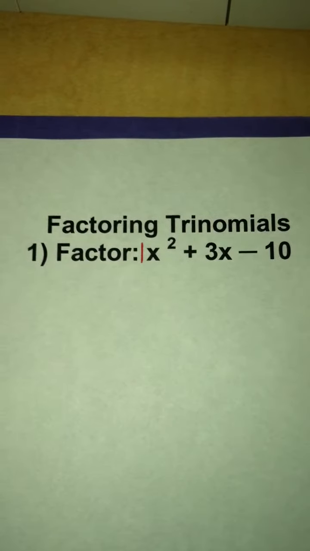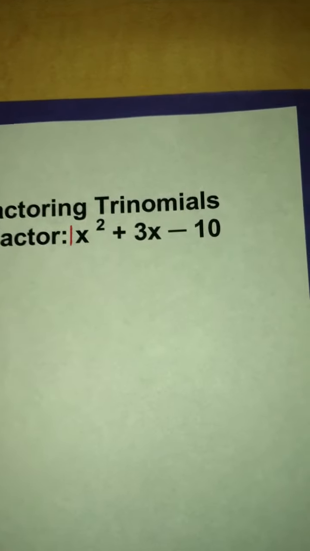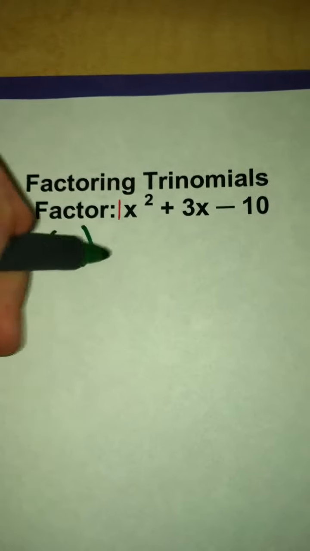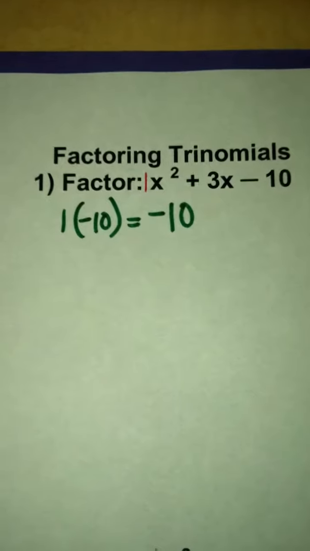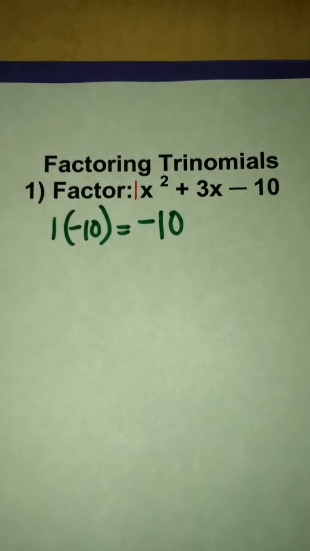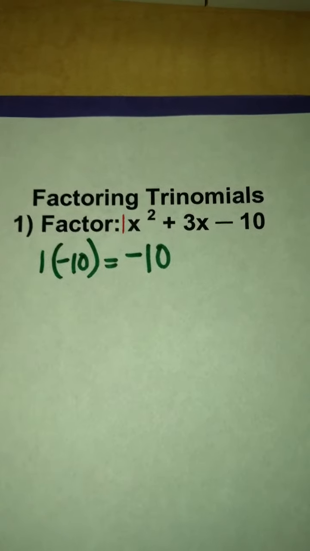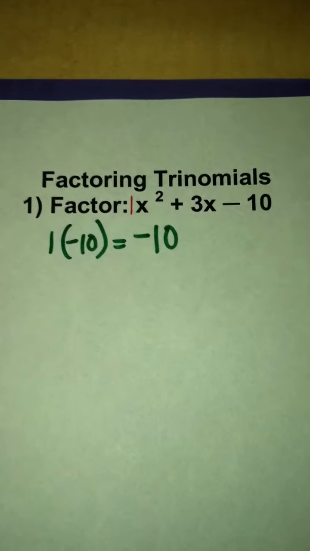The next step is to multiply the first and the last numbers. Now we need to figure out what two factors of negative 10 we can add or subtract to give us a positive 3 in the middle.